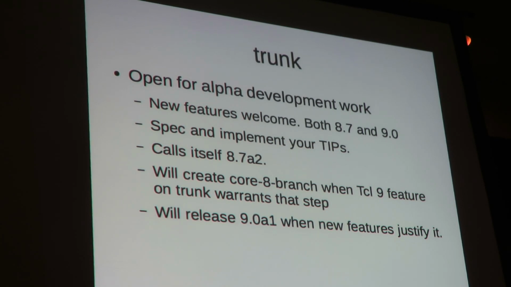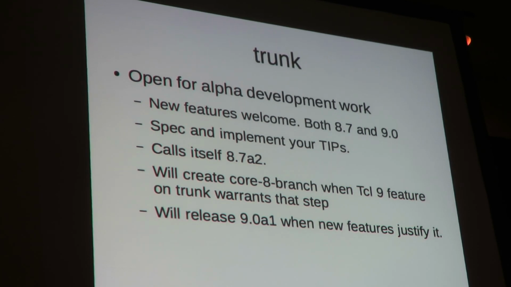Now, my thinking on that is mostly that the overall aim right now is for us to get to 9. And 8.7 exists primarily for the purpose of putting into Tcl 8 any features that are needed to assist with the 8 to 9 migration.